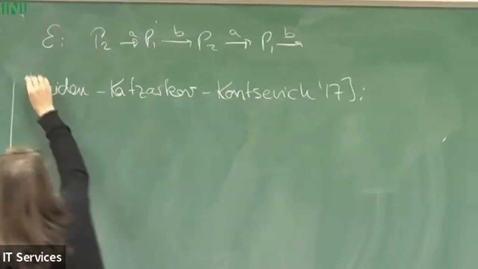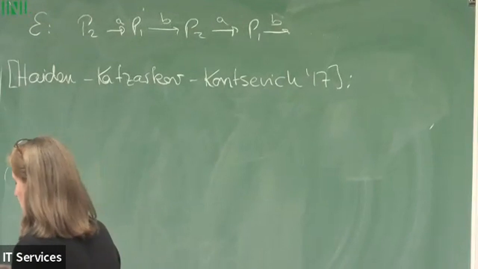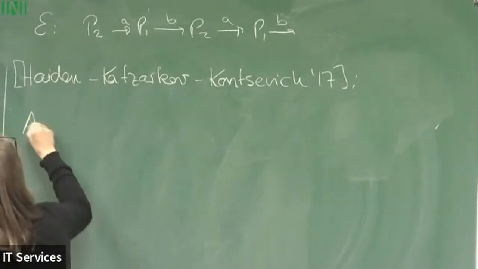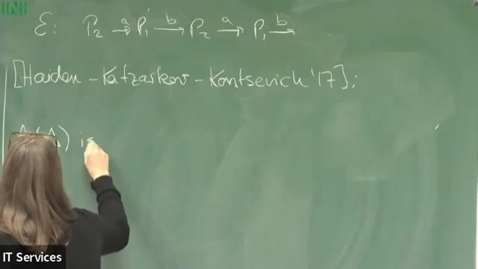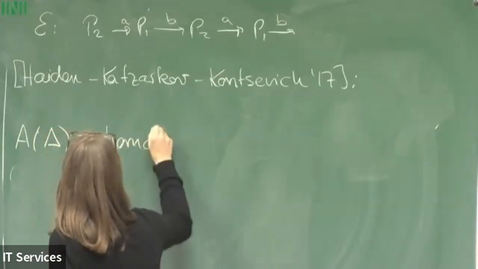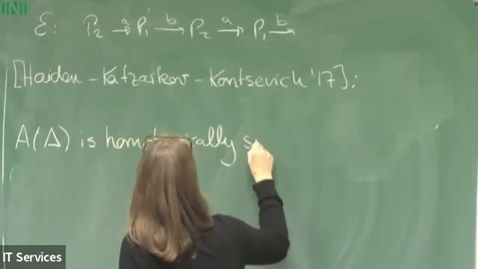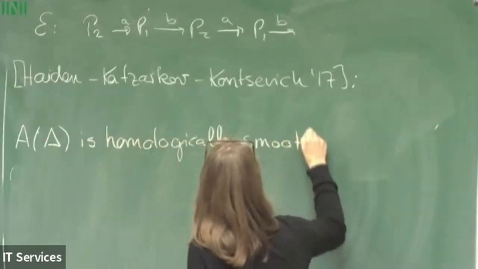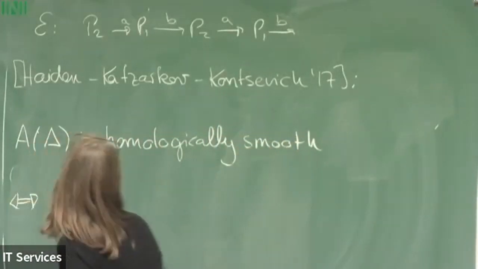First, they characterize when these DG Gentle algebras are homologically smooth. So A delta is homologically smooth if and only if... So what does homologically smooth mean?